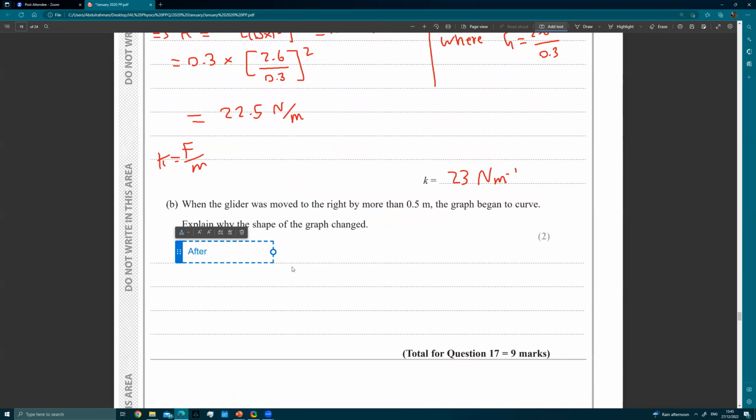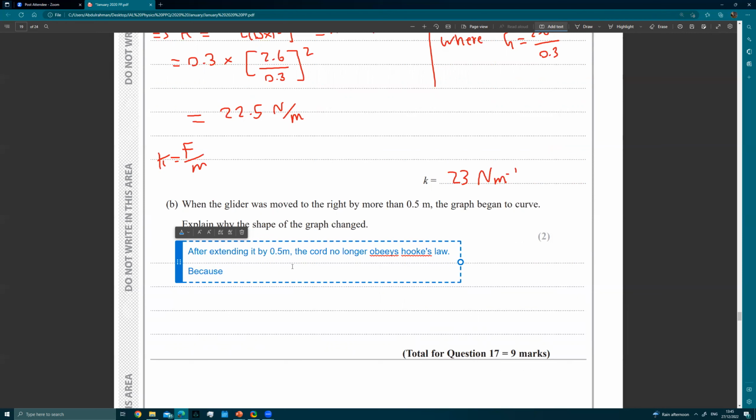After extending it by 0.5 meters, the cord or the string or whatever it is no longer obeys Hooke's law. Why is that the case? Because it has stretched beyond the elastic limit, or limit of proportionality.